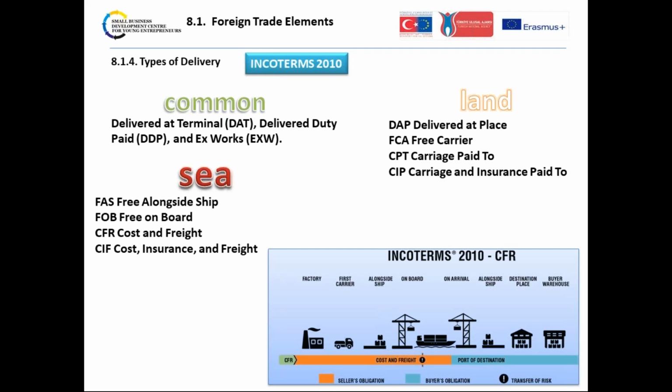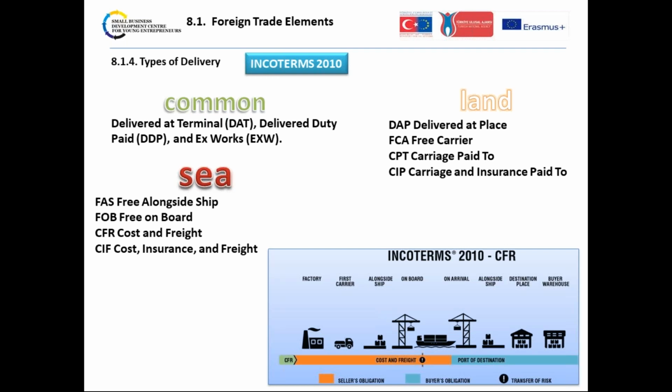First they came together in 1936 through the ICC, and then they tried to make some standards on the types of delivery. It was developed, and finally in 2010, all the parties decided on some standards on this issue. So that means Incoterms 2010, and all the countries in the world are using these delivery types.